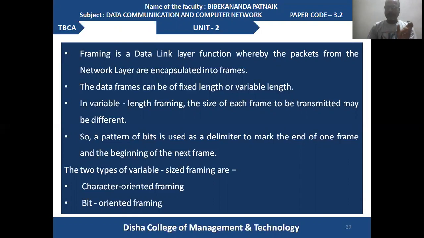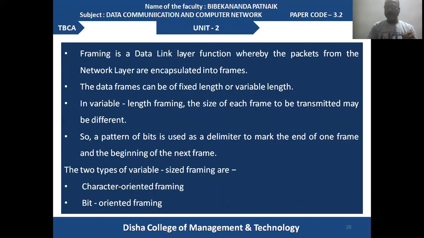Every individual frame, in sequence, has its own variable size. A pattern of bits is used as a delimiter to mark the end of one frame and the beginning of the next frame.